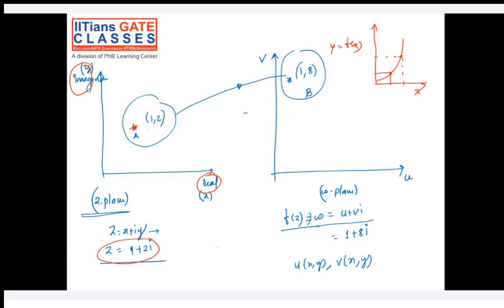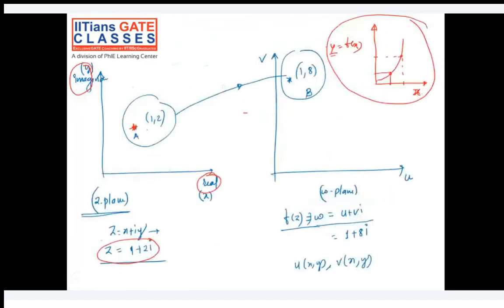Here, look at the real variables. Just one plane is enough to draw the variable and the function, right? y is the dependent variable, x is the independent variable. We can easily draw real variables in a single graph, but in the complex case it is not possible.